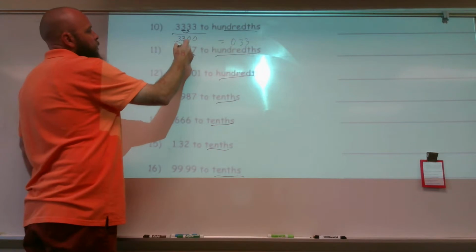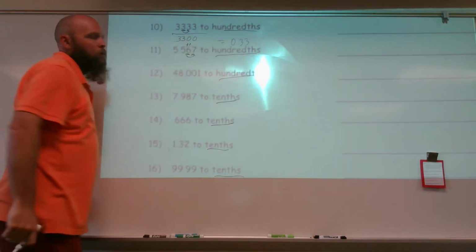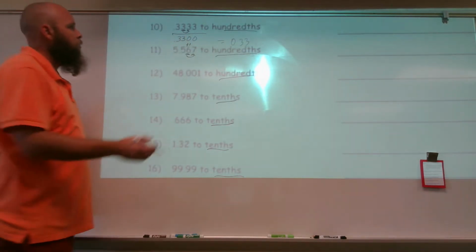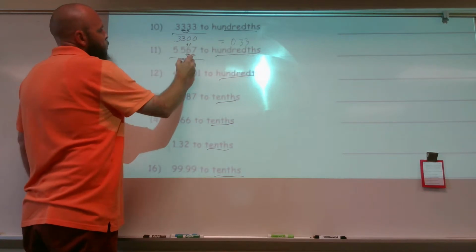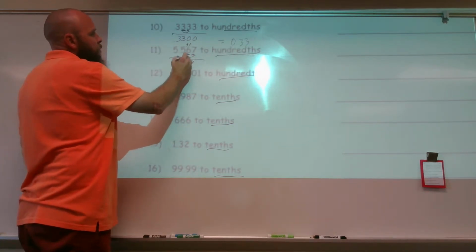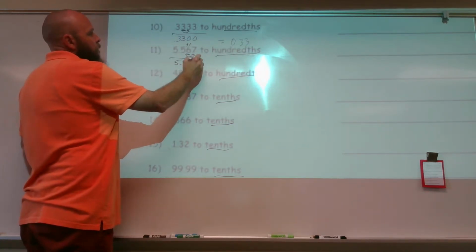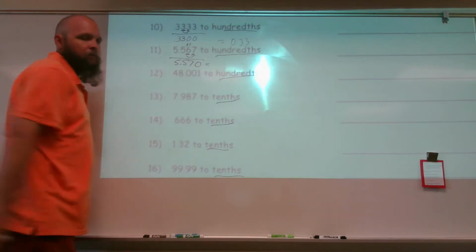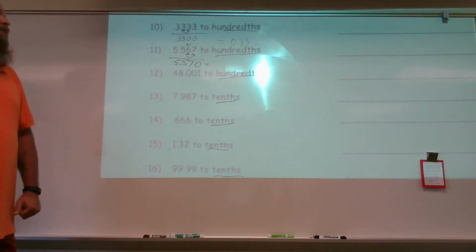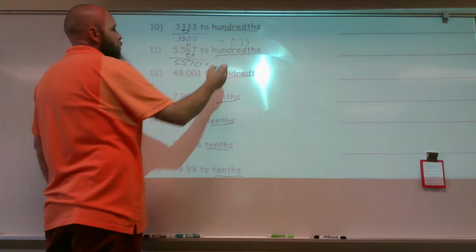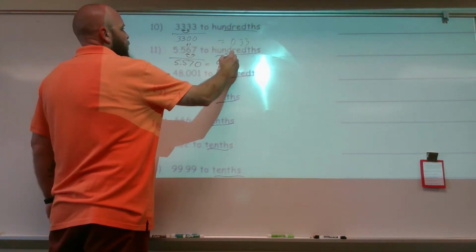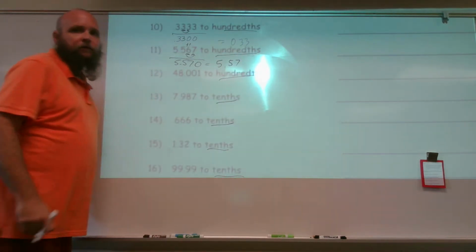If that's 5 or greater, it is. We add one more to the place we're rounding to. 6 plus 1 is 7. The numbers in front stay the same. Numbers behind 0 is your name. So it should be 5 and 570 thousandths, or you'd probably see it 5 and 57 hundredths.